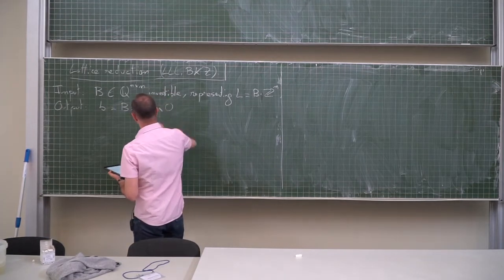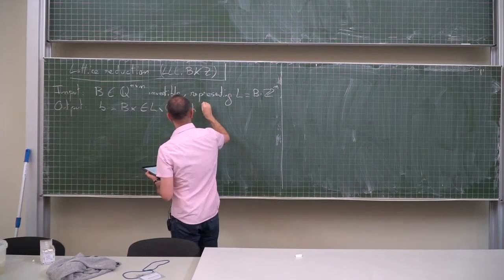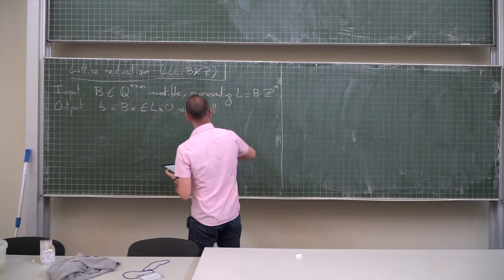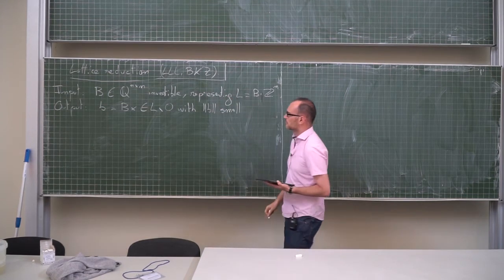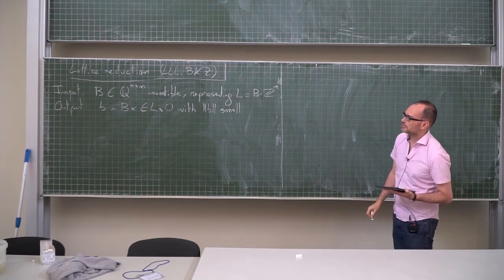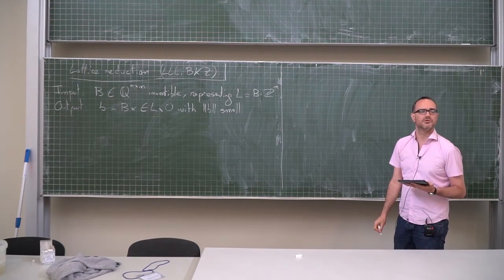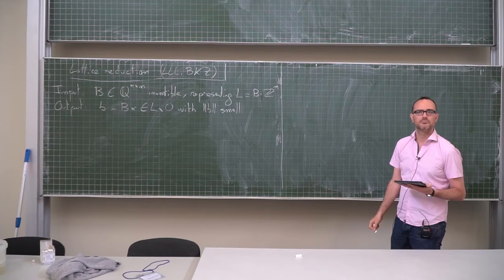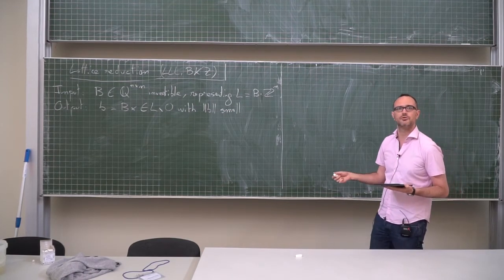So it should be non-zero with b small. And in particular, we know that we can achieve norm of b smaller than square root n times determinant to the 1 over n by Minkowski's theorem. So what I want is small compared to determinant to the 1 over n.